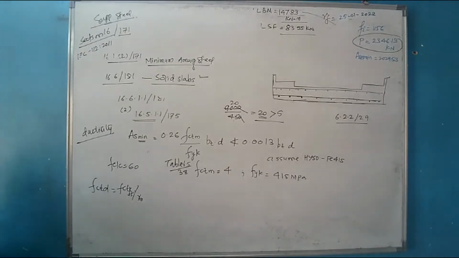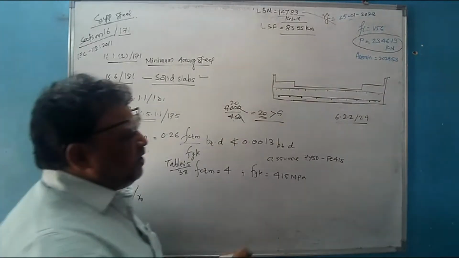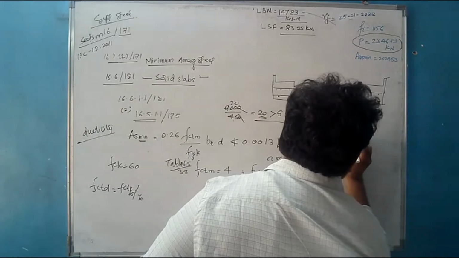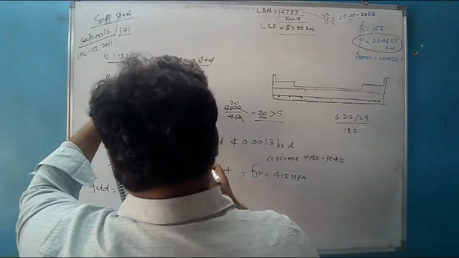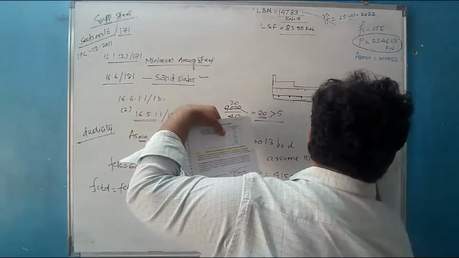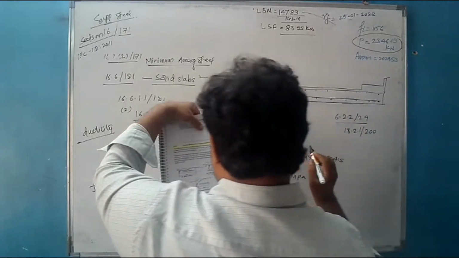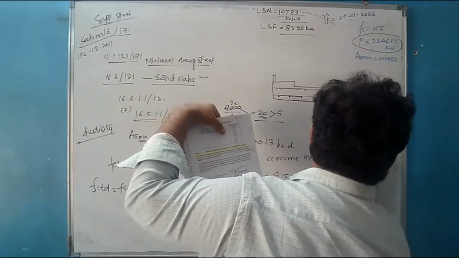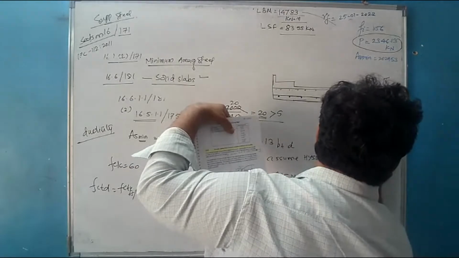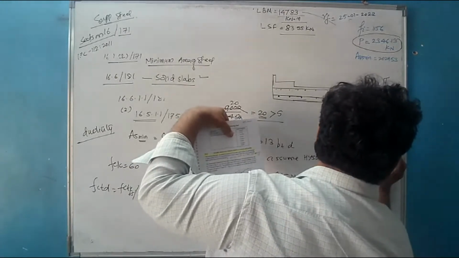You can refer another clause also. It is 18.2.1 on page number 200. It is table 18.1 on page number 201.